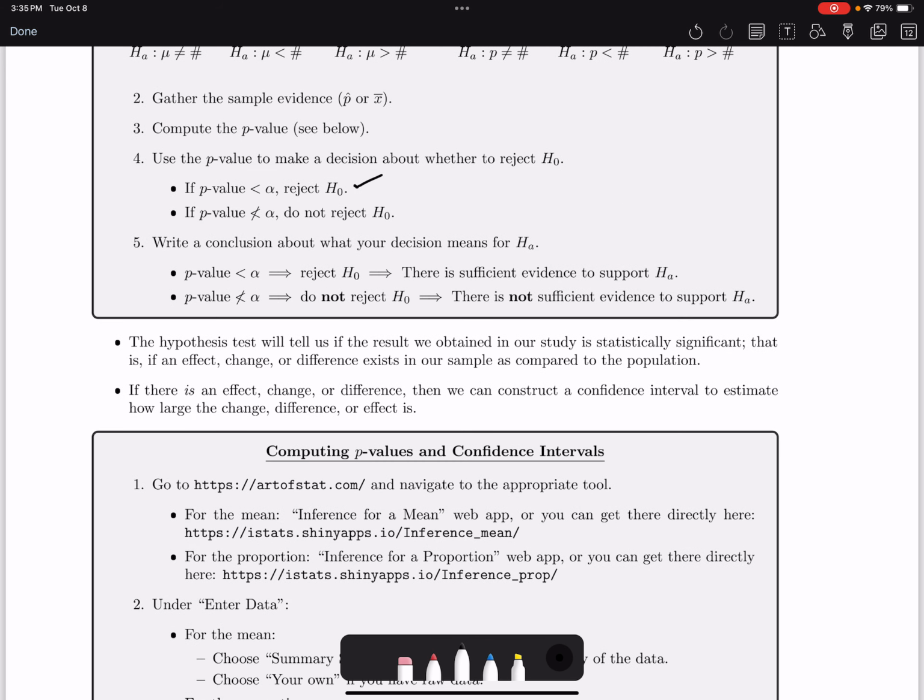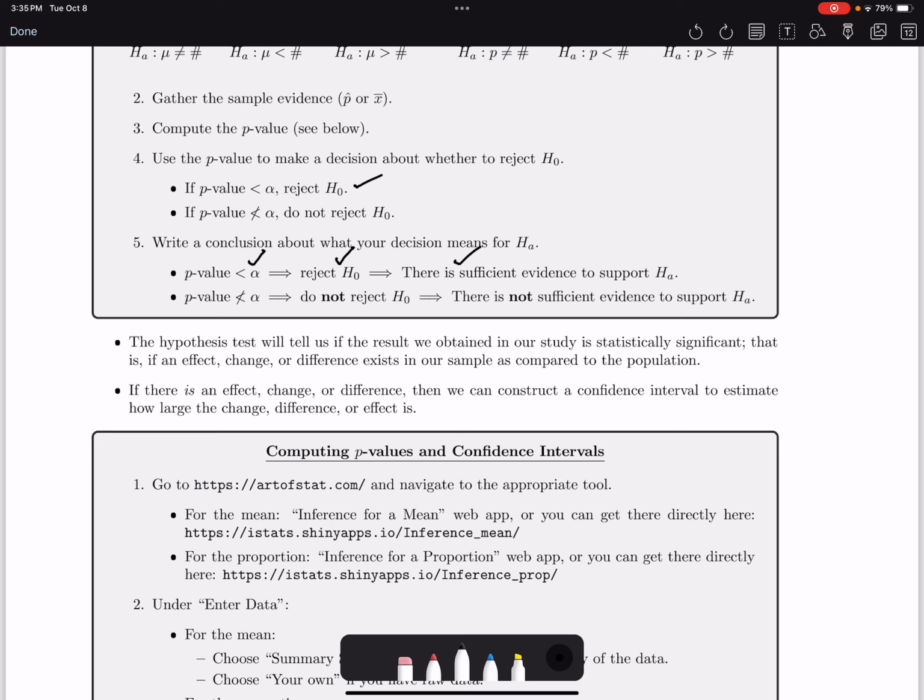If we decided to reject the null, then that means there's sufficient evidence to support the alternative. If we decided to not reject the null, then that means there's not sufficient evidence to support the alternative. Notice how all of the positive statements go together and all of the negative statements go together. If our p-value is less than alpha, then we do reject the null, and there is sufficient evidence to support the alternative.